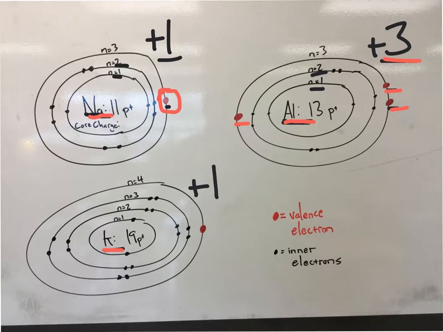In this atom, n equals 1, n equals 2, and n equals 3, those are all shielding layers. So that creates more distance between the nucleus and this one valence electron. So potassium gives up its one electron even more readily than sodium does. Core charge and shielding, they do have an effect on the reactivity trend.